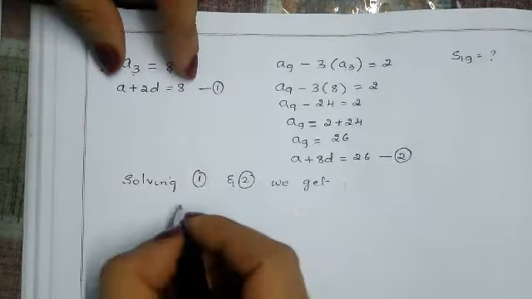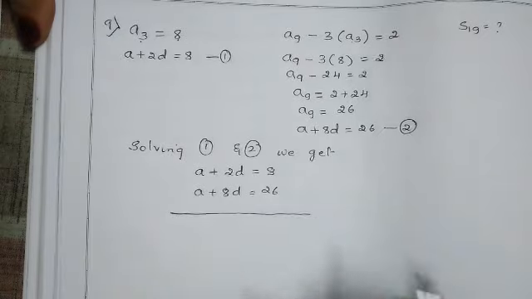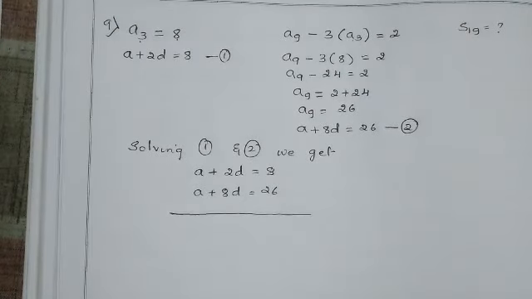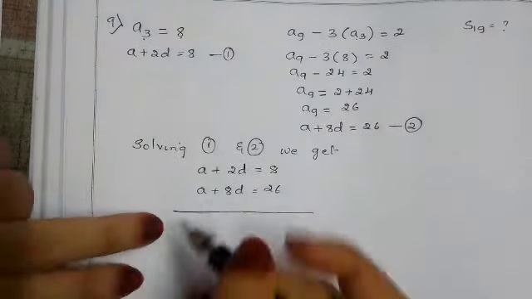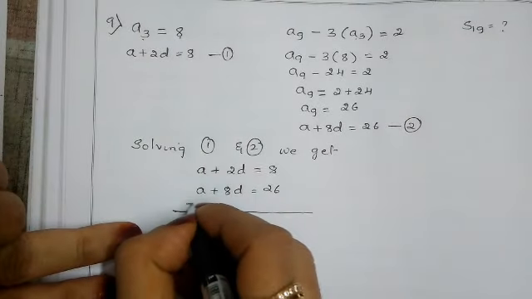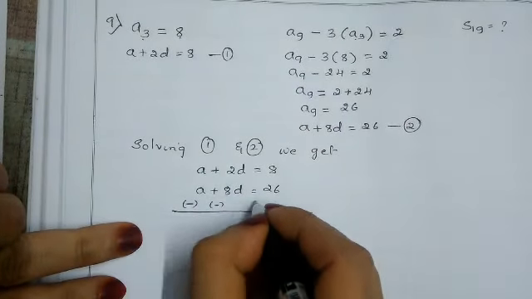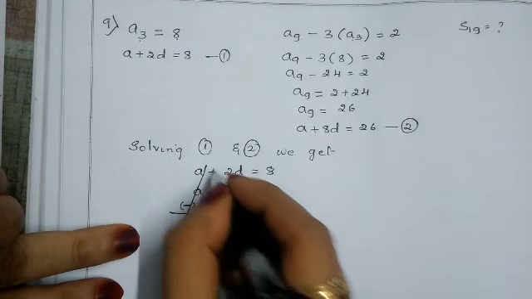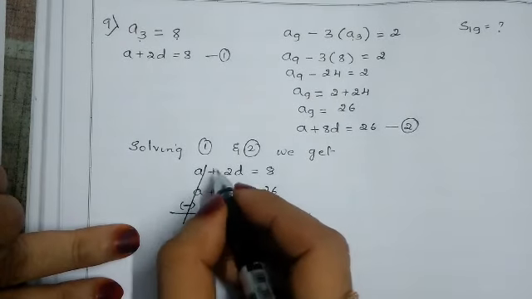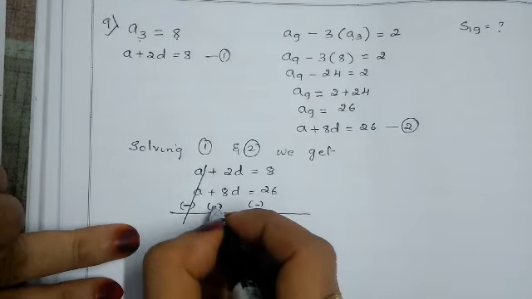So how we have to solve the equations simultaneously? We have already learned linear equations. How we can solve this? Let us change the sign of the lower equation. a minus a gets cancelled. Plus minus is nothing but minus. 8 minus 2 is 6d.